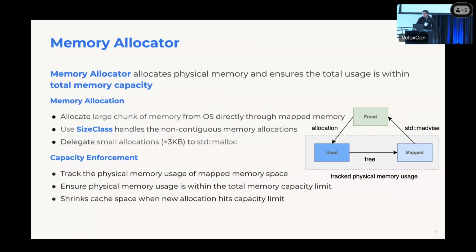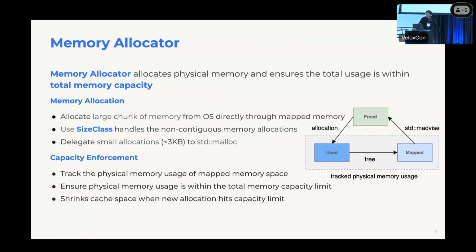Initially, all the class pages are in the free state. Once we allocate a free class page to a query, the state changes to used. The actual allocation might happen the first time the query actually writes to the memory of the class page.